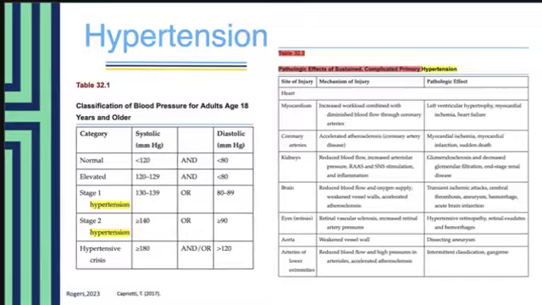In the textbook, table 32.1 has the classification of blood pressure for adults age 18 and older, showing normal, elevated, and then stage 1, stage 2 of hypertension, and of course, hypertensive crisis. I also like to look at table 32.2 just because it discusses the pathologic effects of sustained complicated primary hypertension, going over the site of injury, mechanism of injury, and pathologic effect.